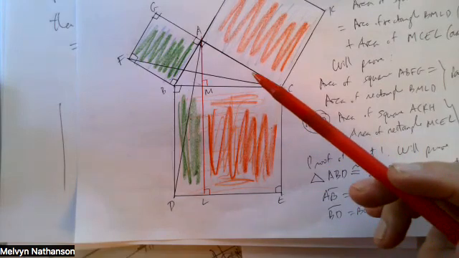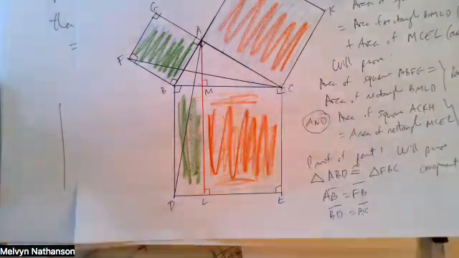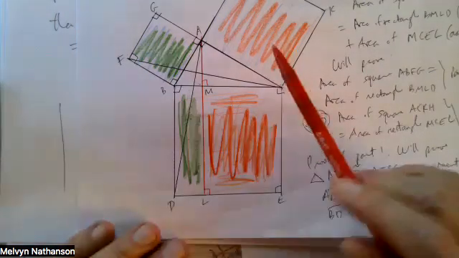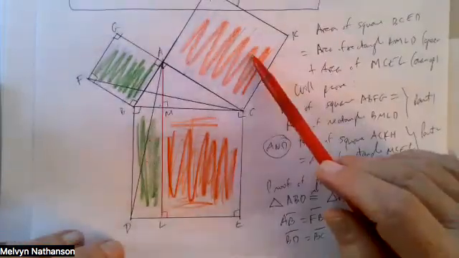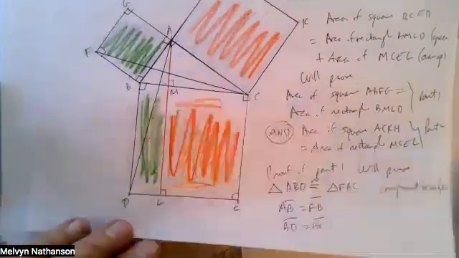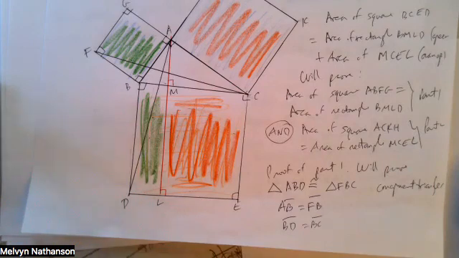And in a very similar way, which I asked you to try and to figure out in one of the homework problems, you can show this orange square has the same area as the orange rectangle. And that is Euclid's proof of the Pythagorean theorem. It's not a slick little algebra proof like I showed on Monday. It's a pure geometric argument.